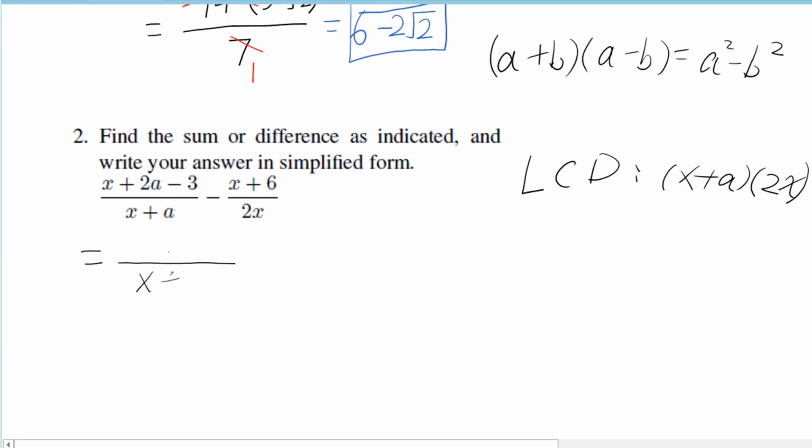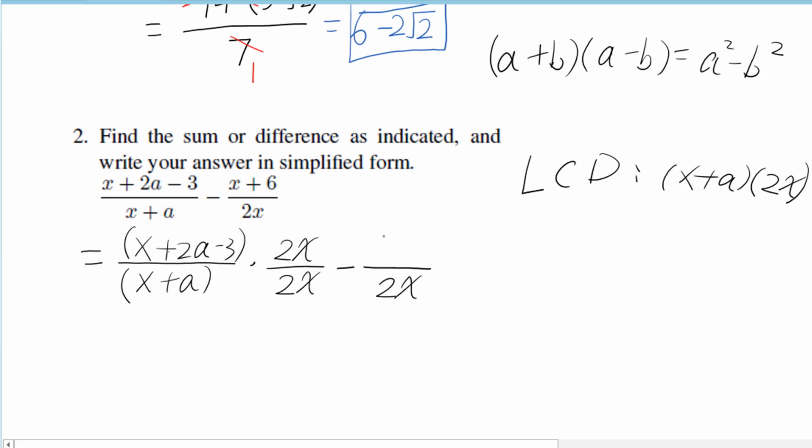You will get denominator x plus a. Then x plus 2a minus 3. We multiply by 2x and 2x. Then subtract.